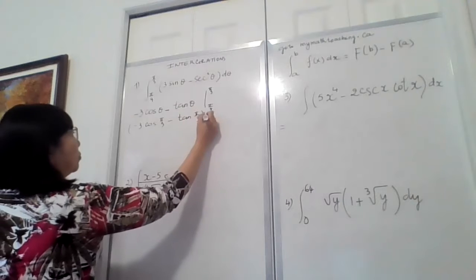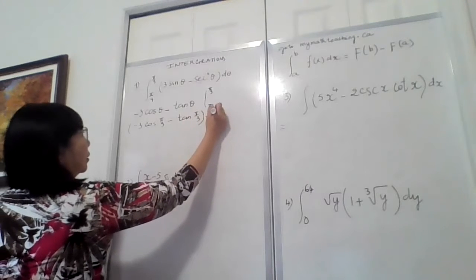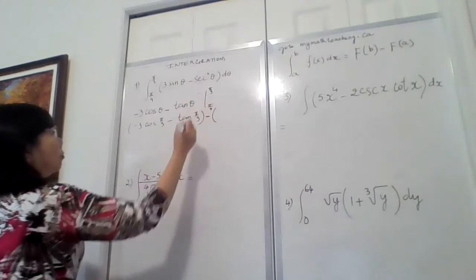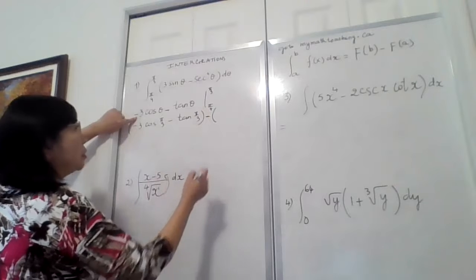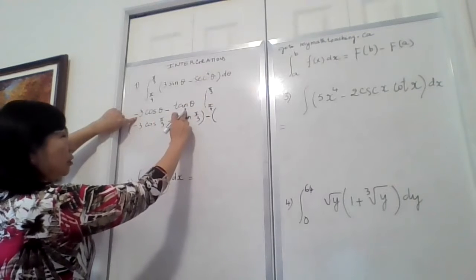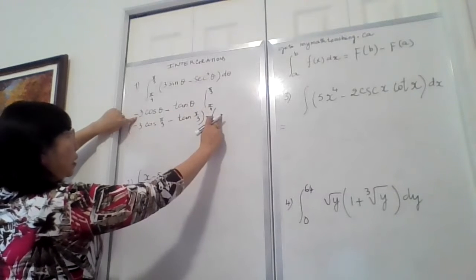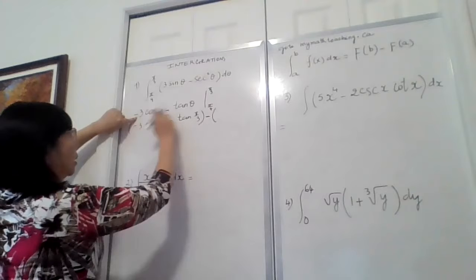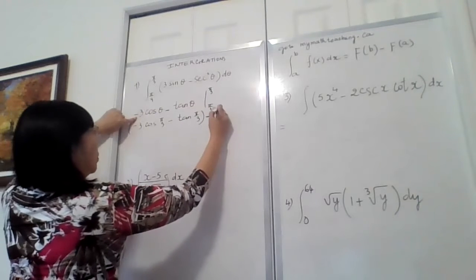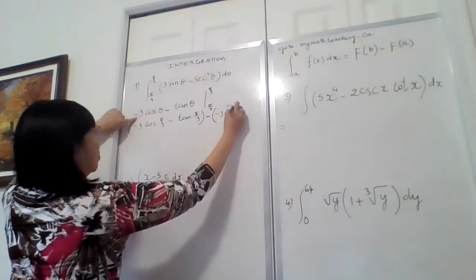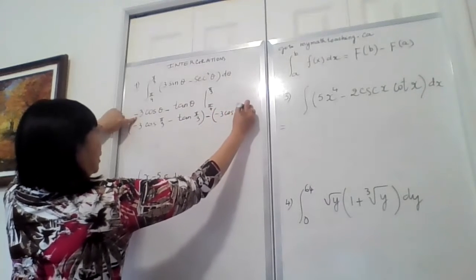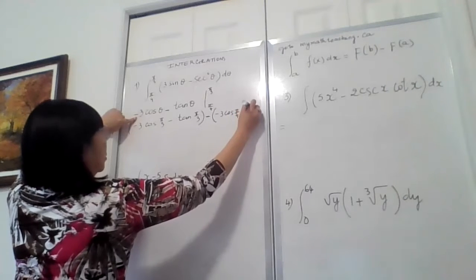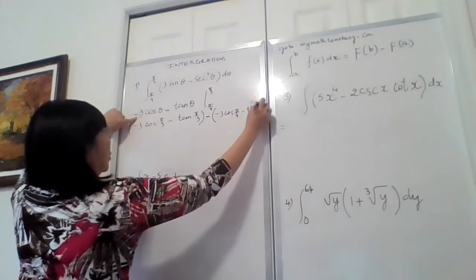Now this bracket will be subtracted. The next angle will be pi over 4. So we substitute in exactly the same function, right? Now we go for F of a, and F of a is this angle. So minus 3 cos of pi over 4 minus tan of pi over 4.